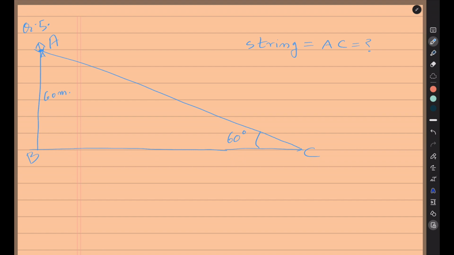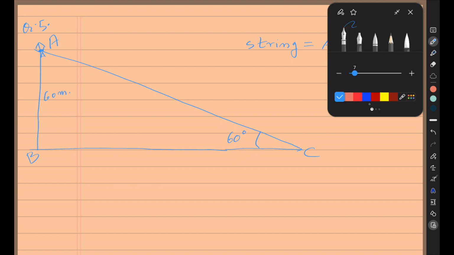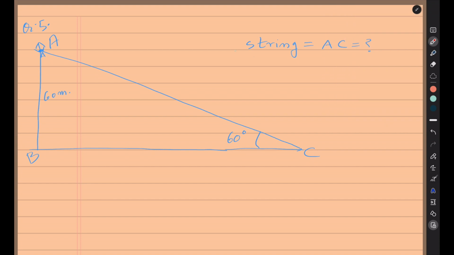Assuming there is no slack in the string, practically speaking, there will be some slack due to gravity, like it will be like this due to its own weight. But we assume for the sake of simplicity that it is a straight line. So AC is a straight line.